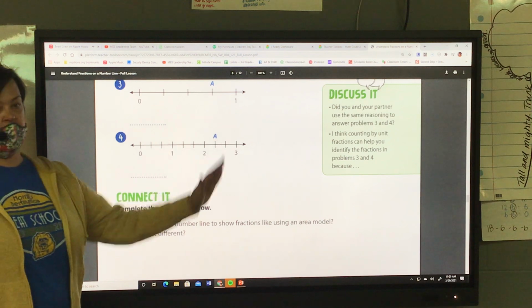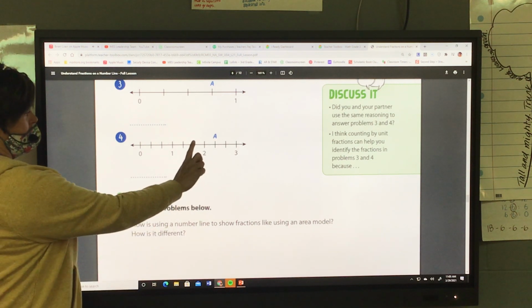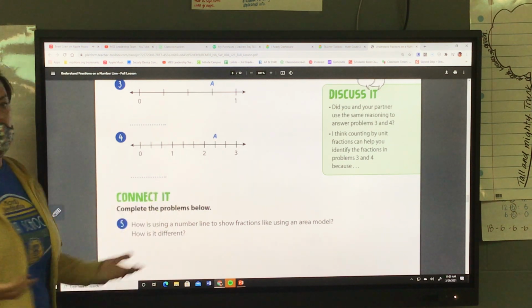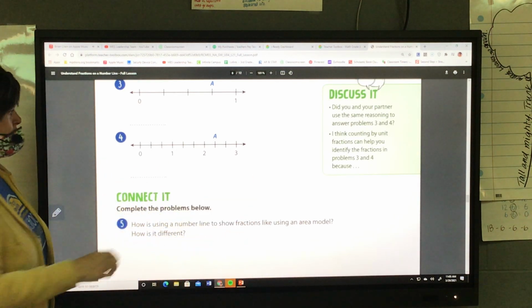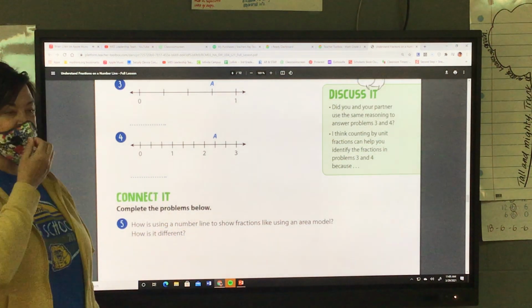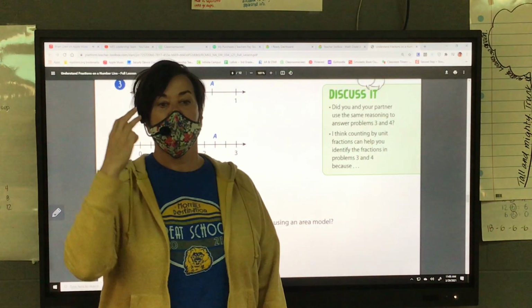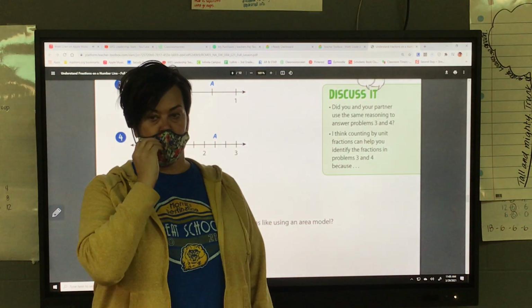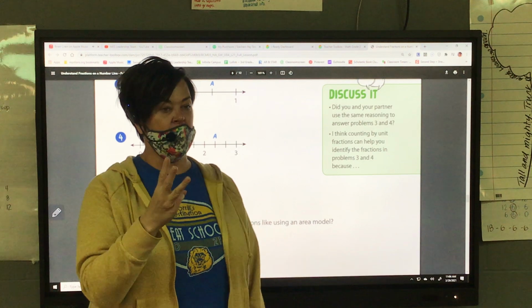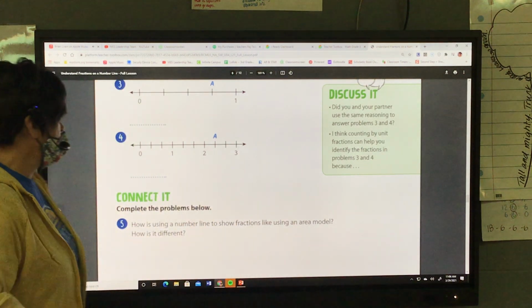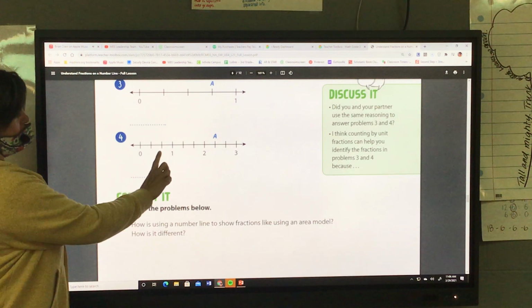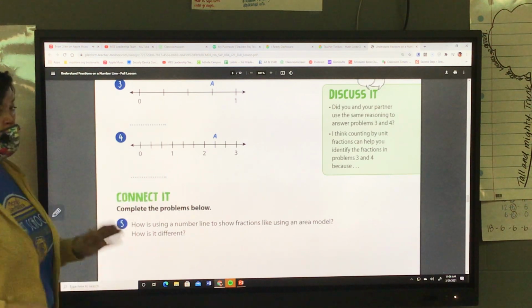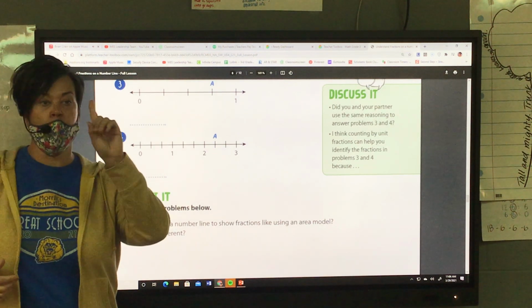What about from 1 to 2? 1, 2, 3. What's it probably going to be from 2 to 3? 3 again. So it's split into thirds, right? When we break things into 3 parts, it's called thirds. So this would be 1/3, 2/3, 3/3, which equals 1 whole.